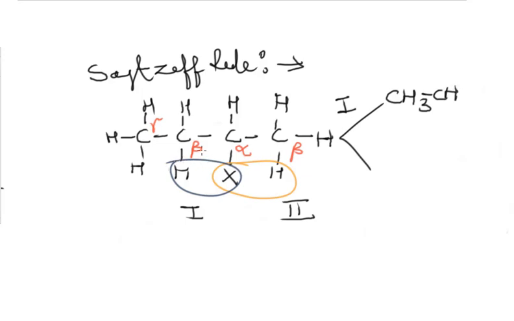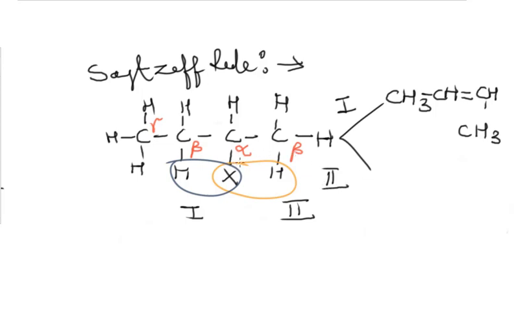Now this is eliminated, so we have here the double bond. Again here we have CH, and at last we have CH3. So this is the product which we get from the removal of the hydrogen halide in the first case.